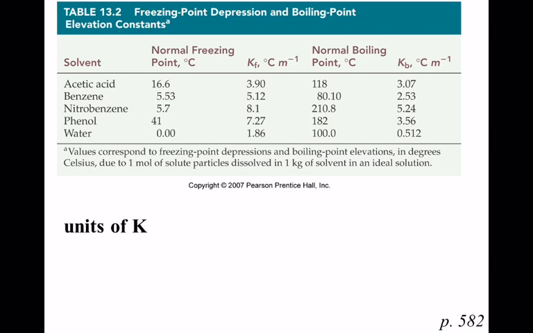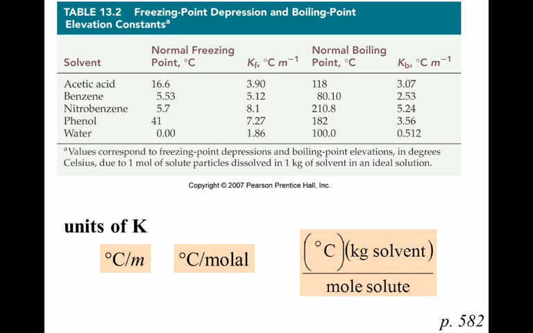So the units of your constants, whether it's freezing point depression or boiling point elevation, are always going to be temperature per, usually molal. I think it should always be molal. So this last one for units is a really helpful thing.